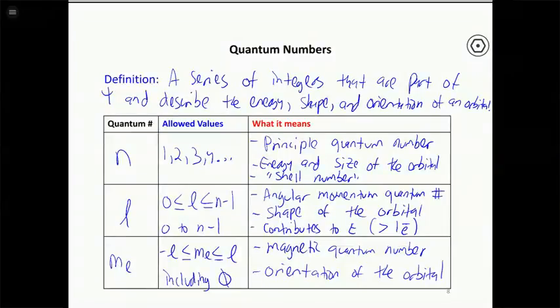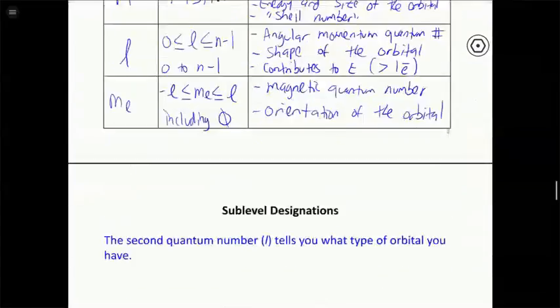We're not going to talk about this situation in this course, but it's called the magnetic quantum number because if you put the atom into a magnetic field, this will also contribute to the overall energy of that orbital, but only in that situation. In regular situations, the energy has nothing to do with m sub L. So those are the three quantum numbers. We want to know the relationship between them, but also more about what they tell us about the orbitals that we're interested in.